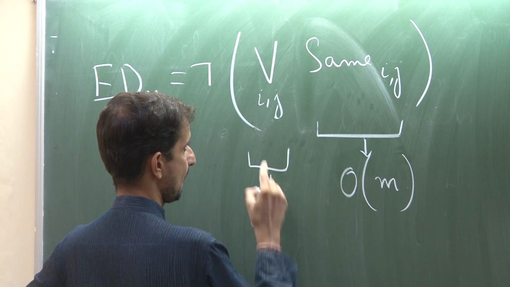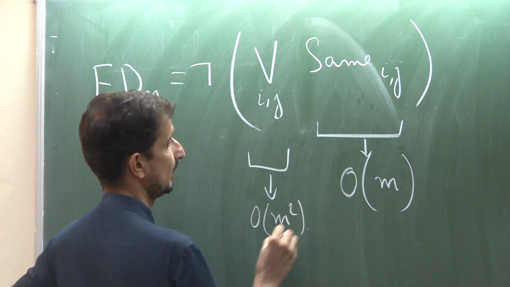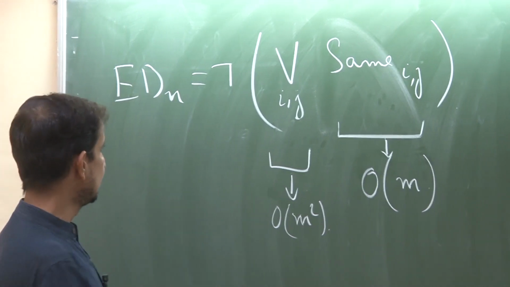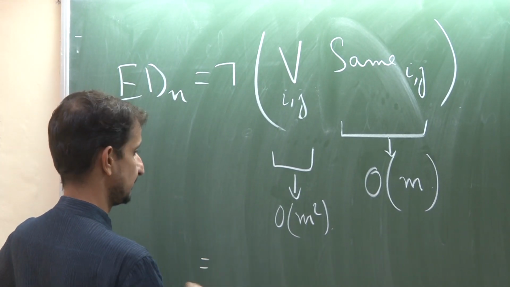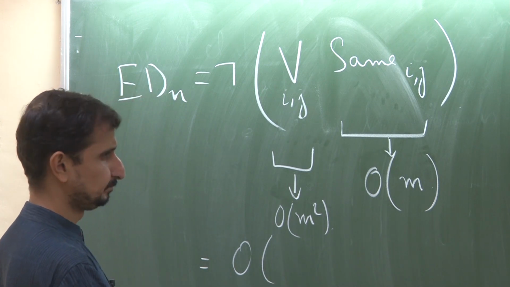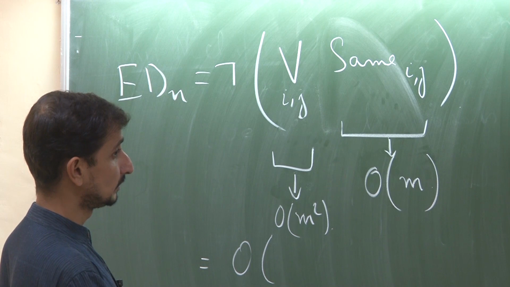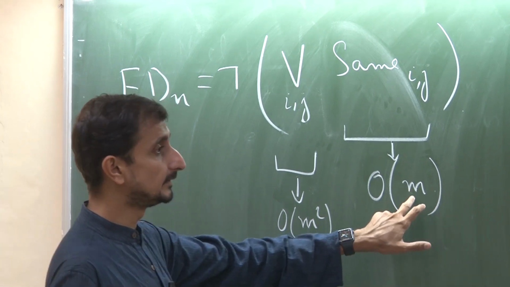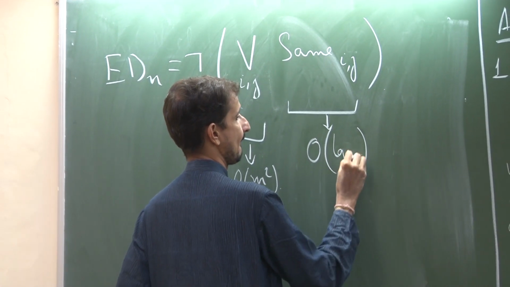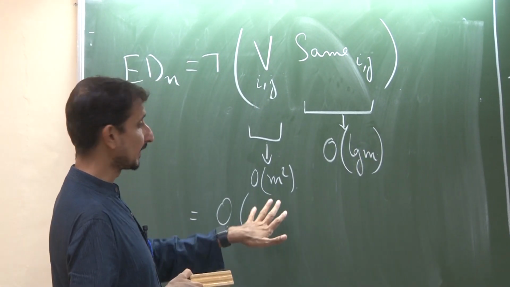Sorry, this is not m, this is log m. And how many such i j's do I have?